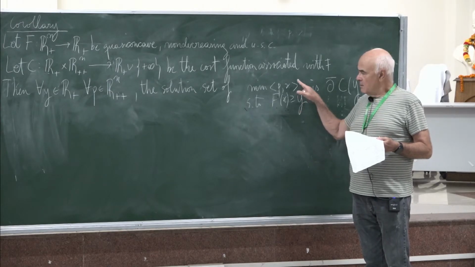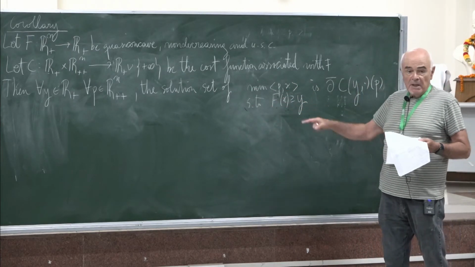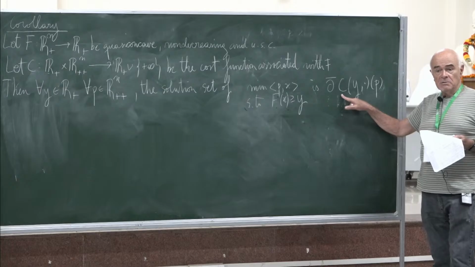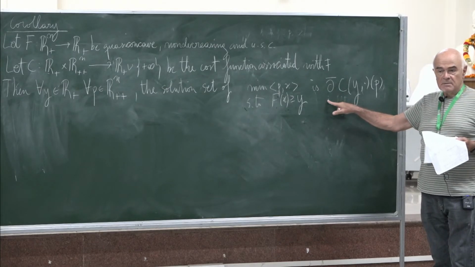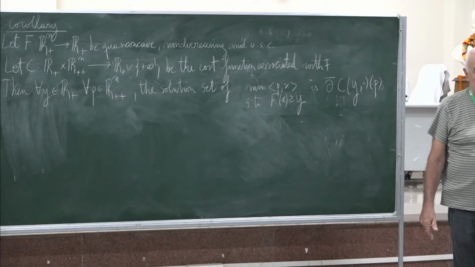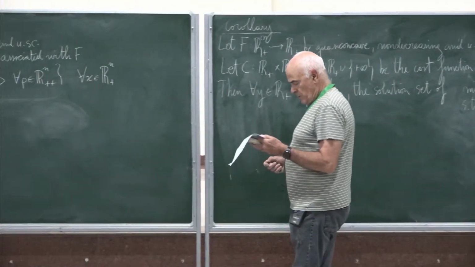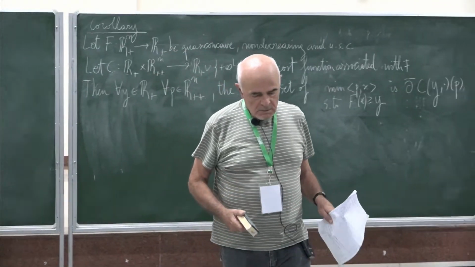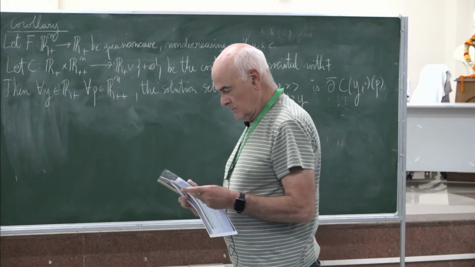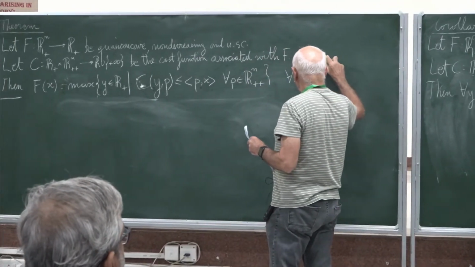Then you want to find the optimal inputs. They make the solution set of this problem. Then if you know the cost function, simply compute its super differential. What is the proof of this result? Maybe I can erase here because we remember.